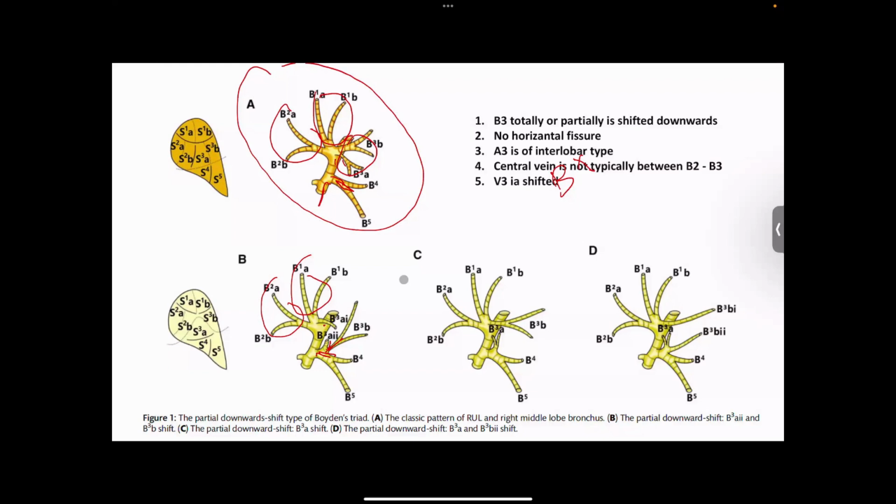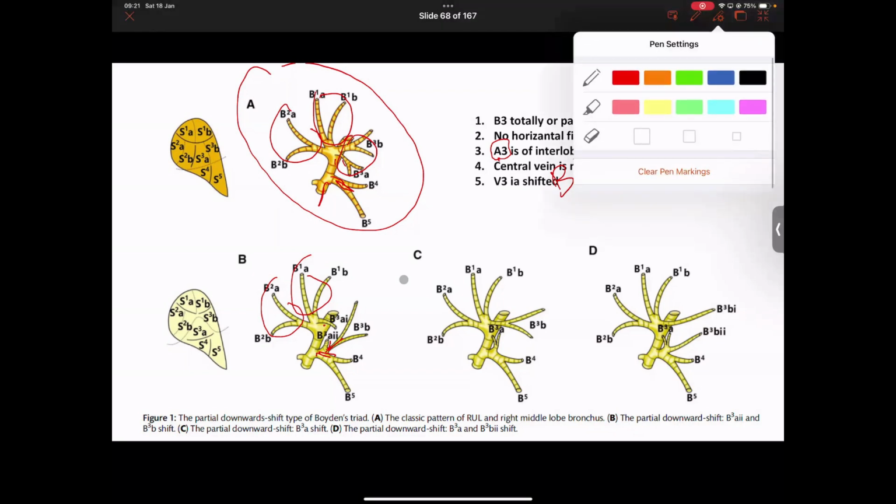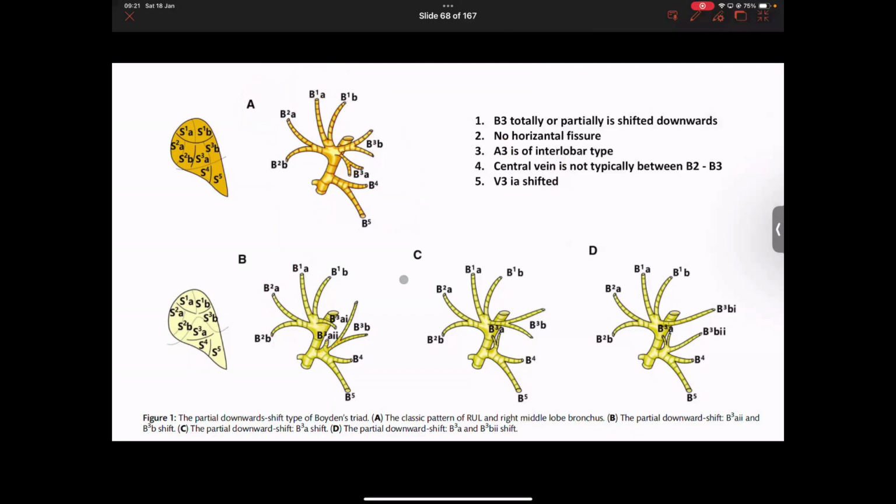In such scenarios, we will not see any horizontal fissure; it is totally fused, so it will be difficult to find the horizontal fissure. And this A3 artery will be totally interlobar rather than arising from the superior trunk. The central vein is not typically between B2 and B3, and V3 is also shifted downwards.